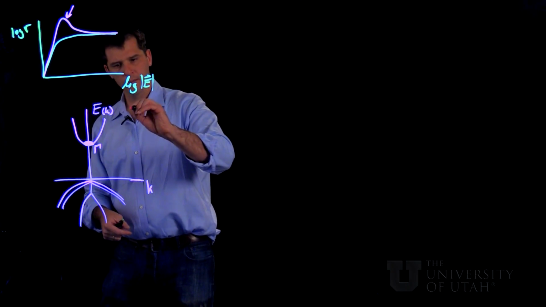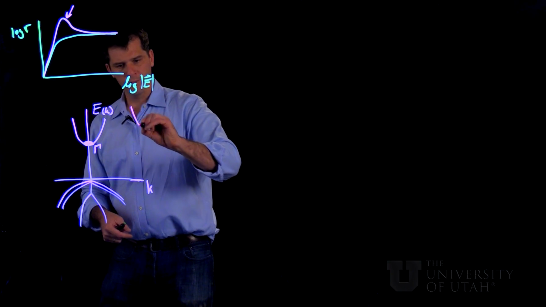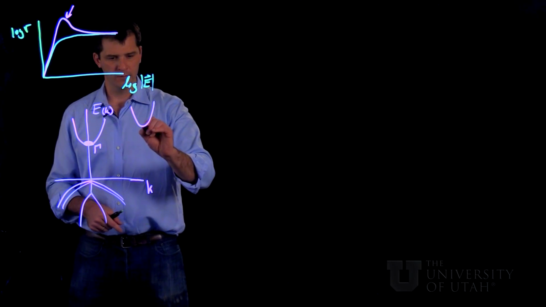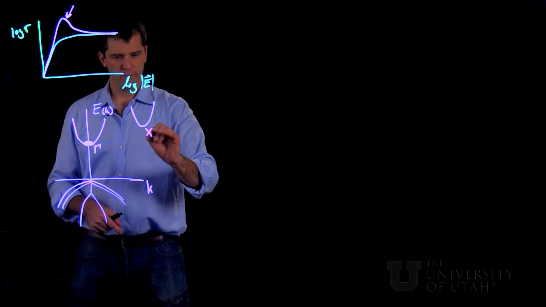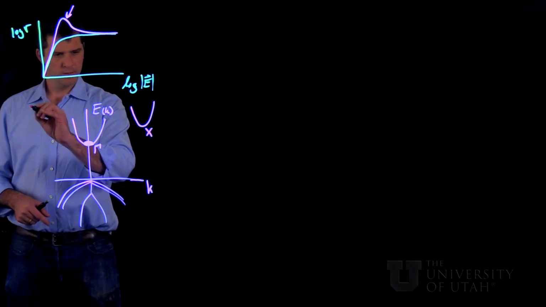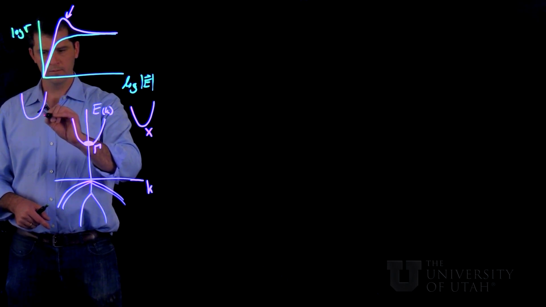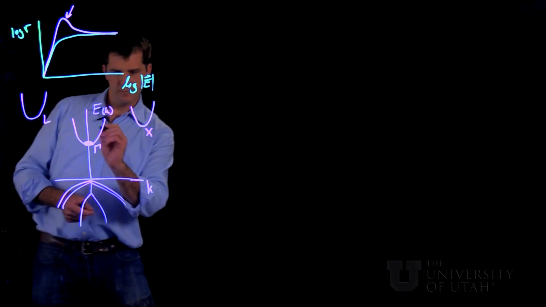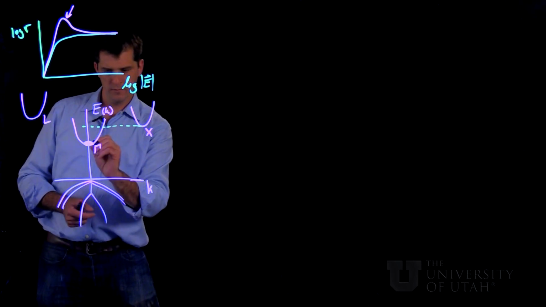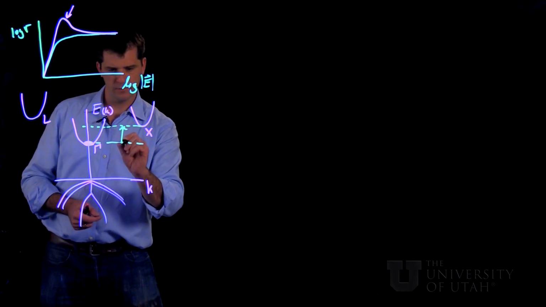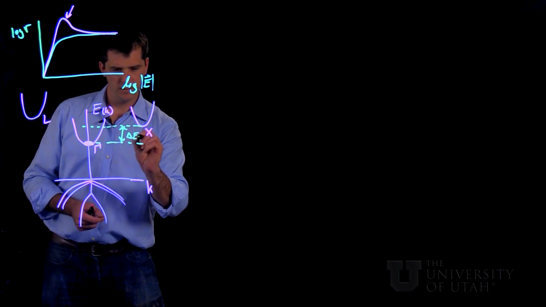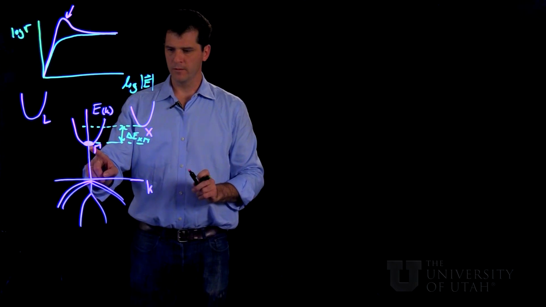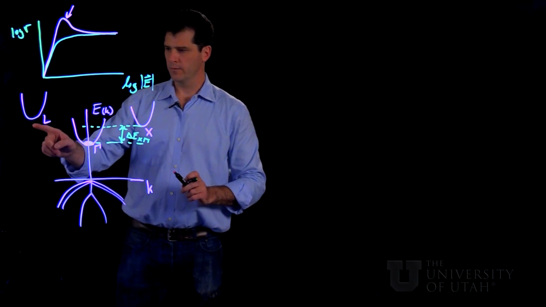However, there are other higher band minima that might occur away from the center of the Brillouin zone at the X point, let's say, and at the L point. So now, if we look carefully here, we actually see that there's a certain energy difference between the gamma point and this X point or this L point.